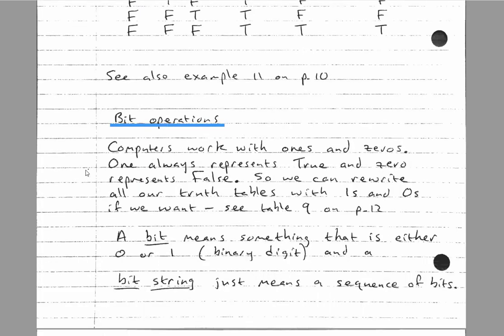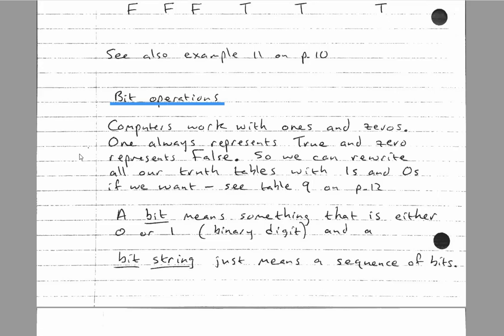And the last topic in this section, bit operations. We should definitely talk about bits. Computers work with 1s and 0s. The 1 always represents true, 0 represents false.